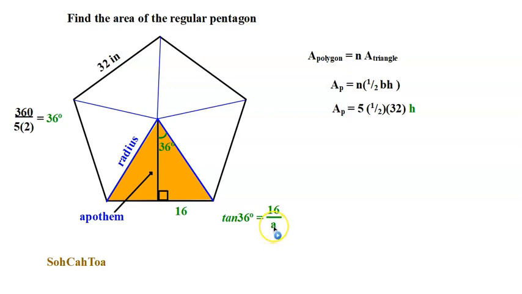I want to get A by itself, so these two switch places, and I have this. Again, this is a hideous, ugly decimal that goes on forever, so I'm not going to use the decimal, I'm just going to use the ratio and type that in. So now I have 5, my number of sides, times 1/2, times my base, which is the length of my side, times H, my apothem, which I have as this ratio.